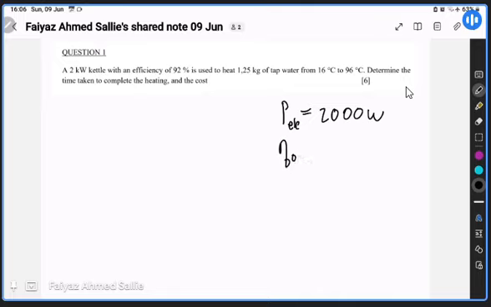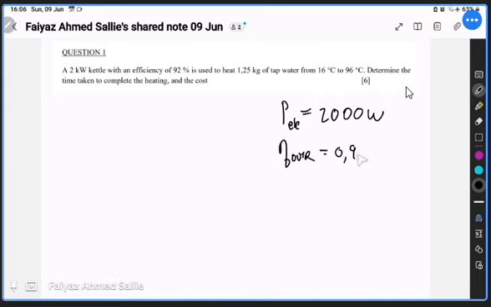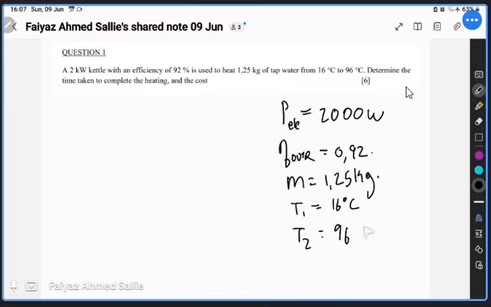We have an overall efficiency of 0.92, the mass is 1.25 kg, and a temperature T1 of 16 and T2 of 96. So we are heating the water inside a kettle from 16 degrees to 96 degrees.